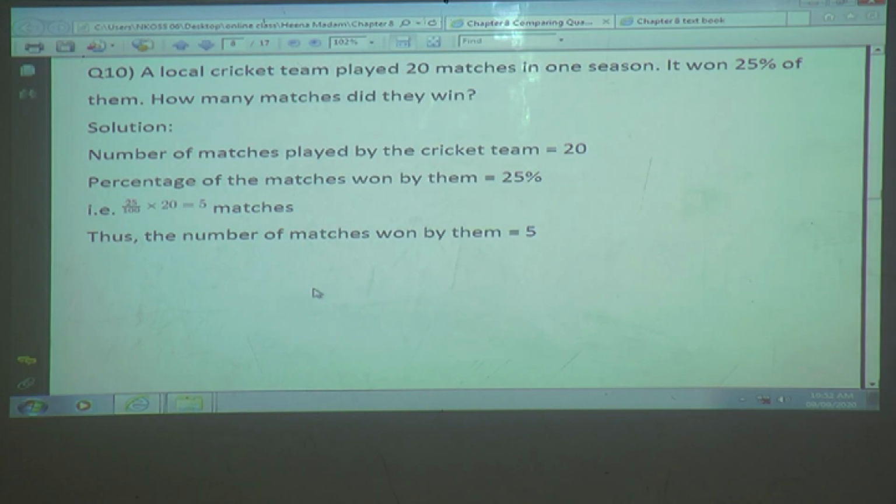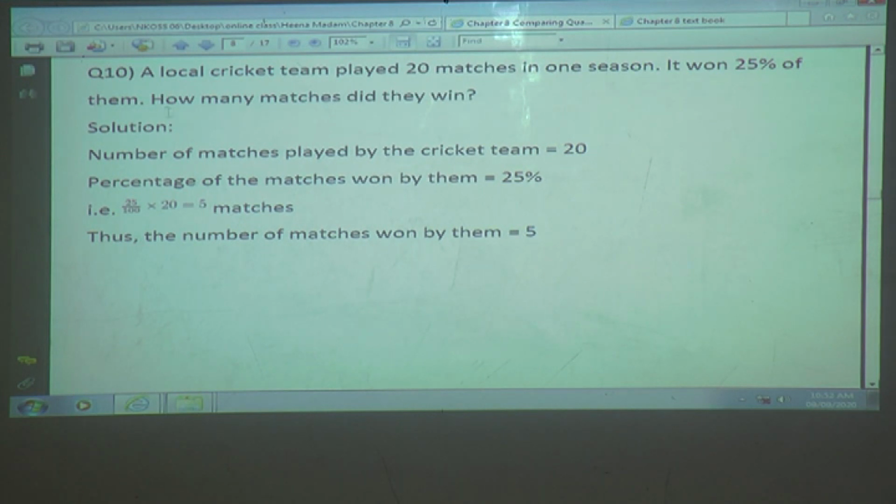Now a similar example here. A local cricket team played 20 matches in one season. It won 25% of them. Out of these 20 matches, they had won 25%.